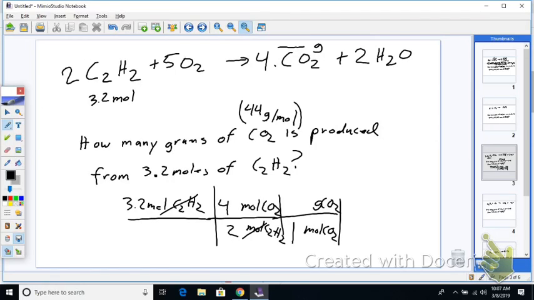And it says for every 1 mole, I got 44 grams. That's what this says up here. And then I get my answer. 281.6. So I'm going to say 280 grams CO2.